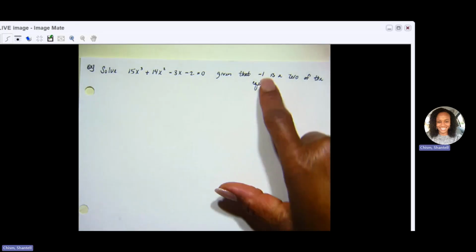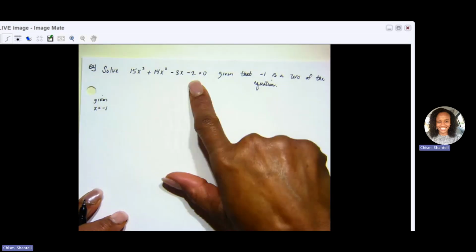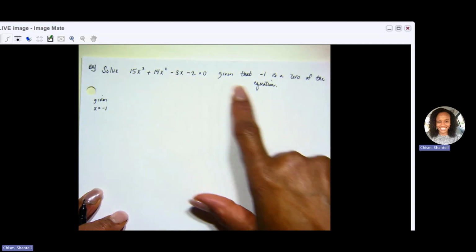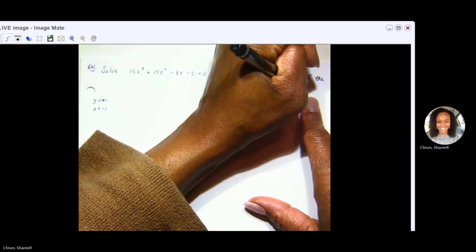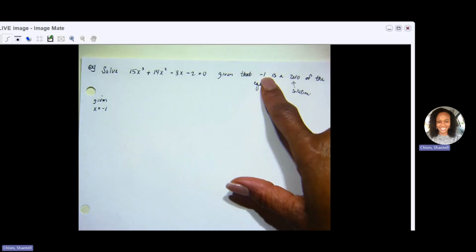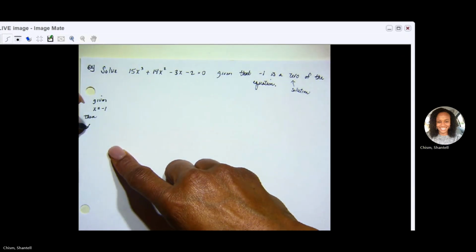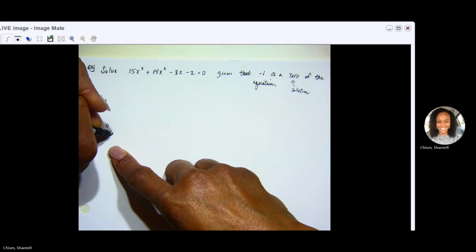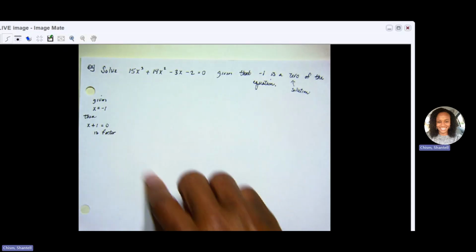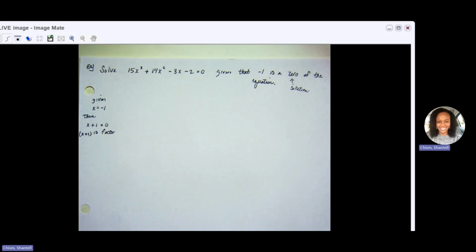So given that this is a solution, that means given that x equals -1, because that's what that means. If we're solving this, that means we're solving for x, right? So if -1 is a solution, remember 0 is just another name for a solution. Okay? So if -1 is a solution, that means x equals -1, which also means that x plus 1 is a factor. Okay? That means x plus 1 is a factor.